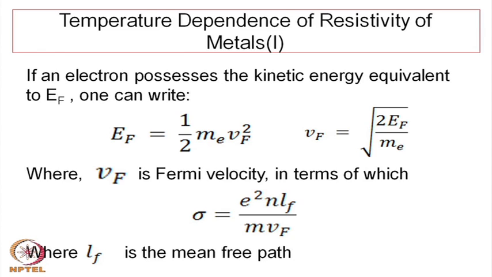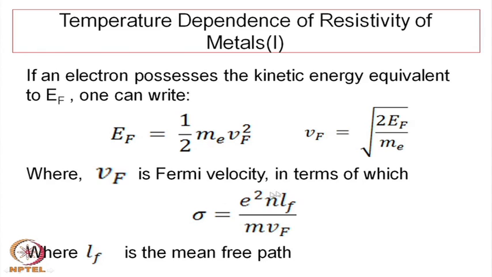If the kinetic energy is Ef and the velocity of that electron is Vf, then Vf will be equal to the square root of 2 Ef by m_e. So the electron having an energy of Ef will have this velocity, provided m_e is the mass of that electron.